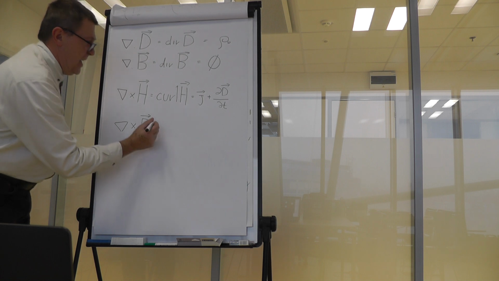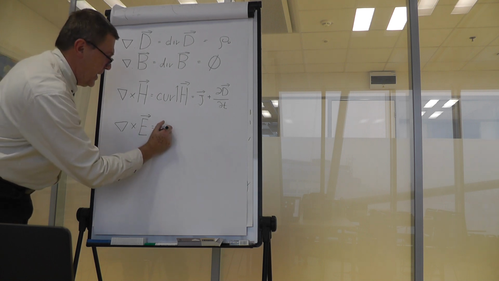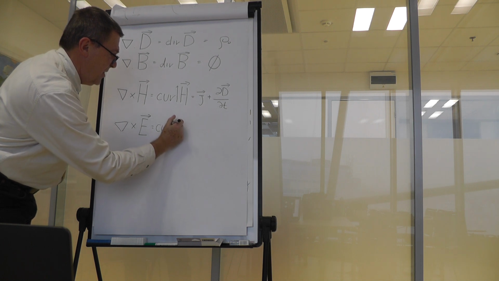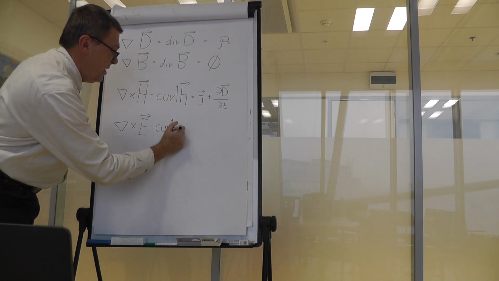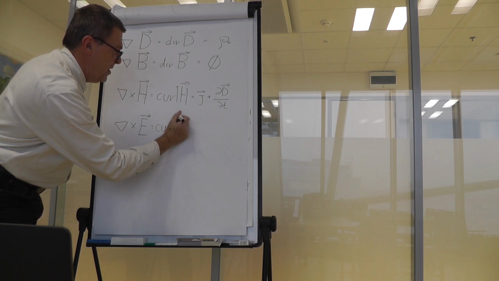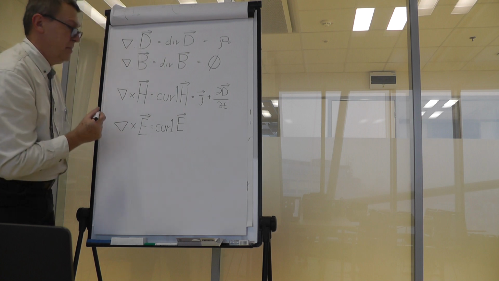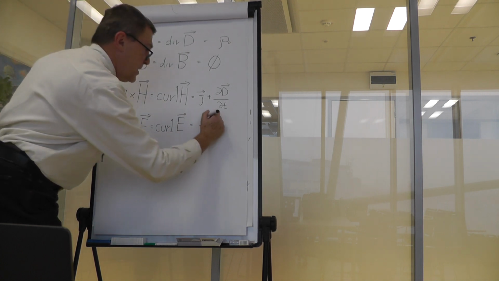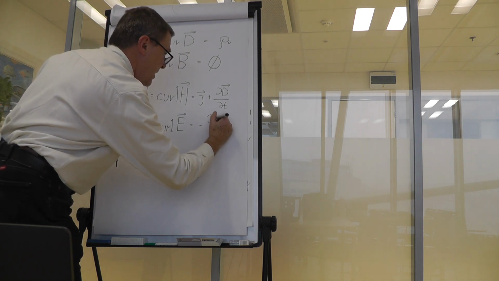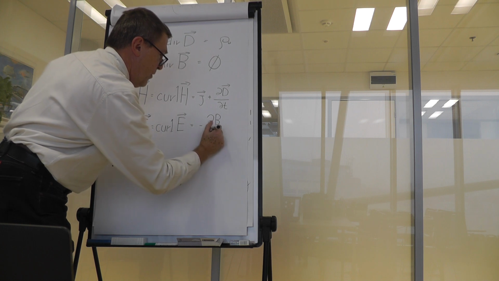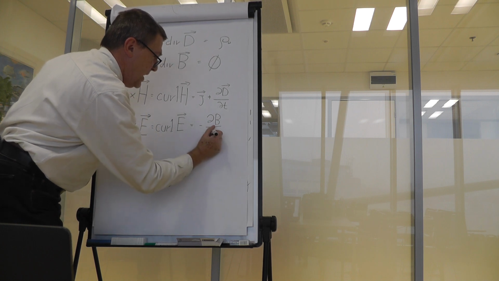On the left side we have the circulation of the electric field strength, and this is minus the time derivative of magnetic flux density against time.